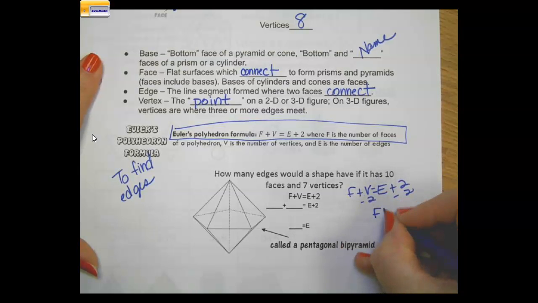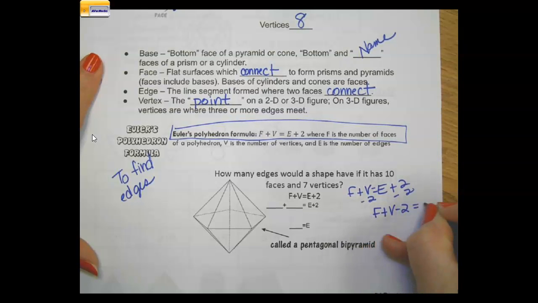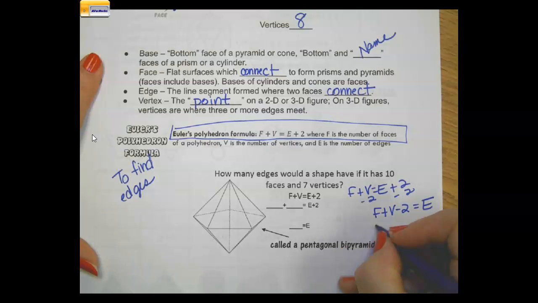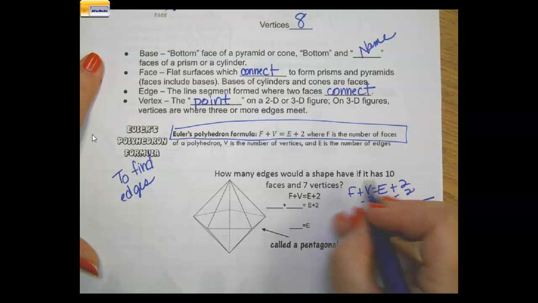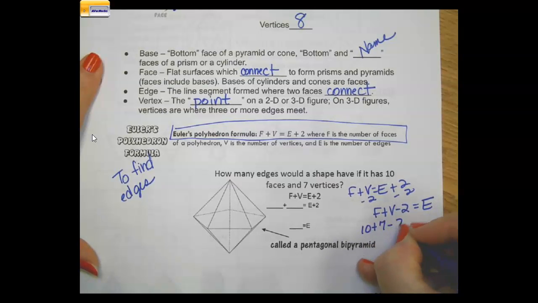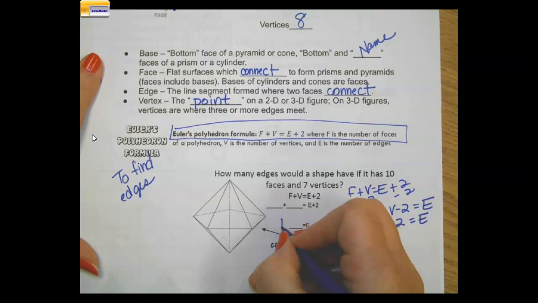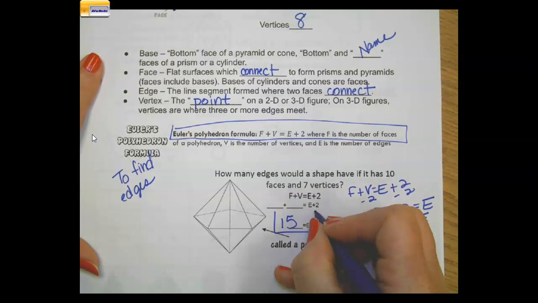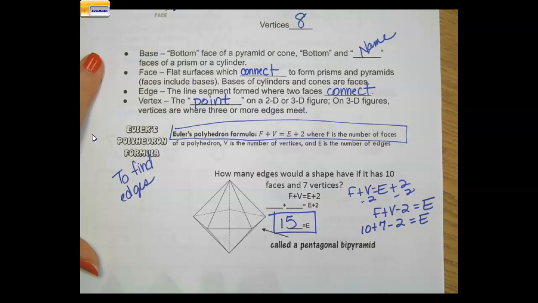So really it's F plus V minus 2 equals E. So how many faces do I have? It says I have 10 faces plus 7 vertices minus 2 equals E. So 17 minus 2 is 15. So that's a nice easy way to figure those out.